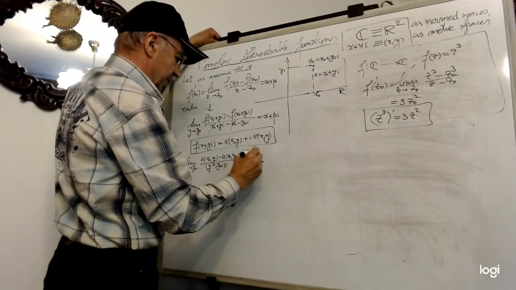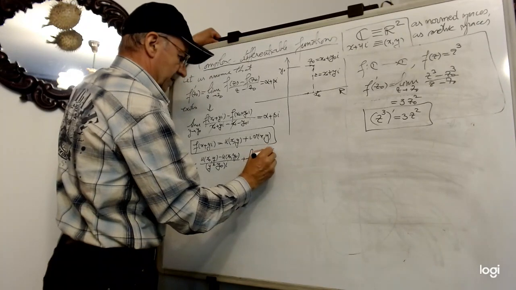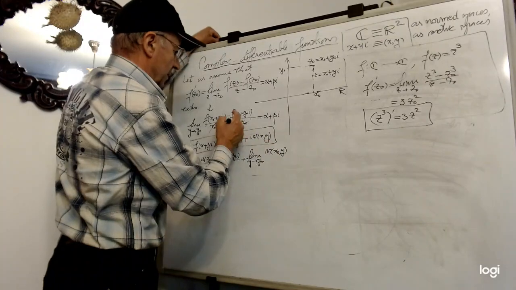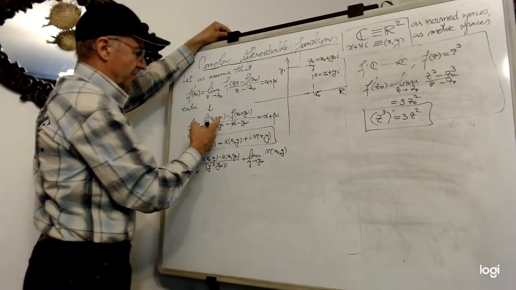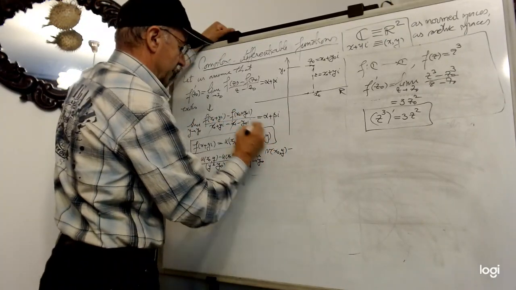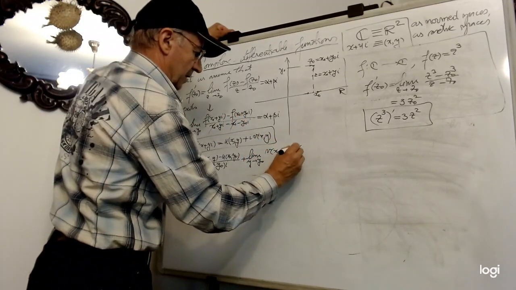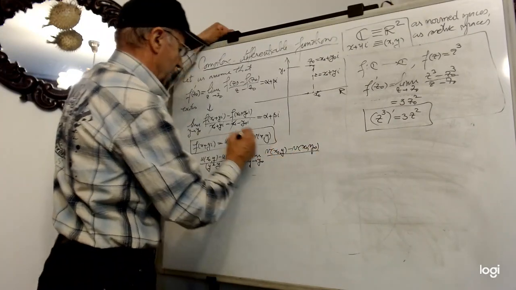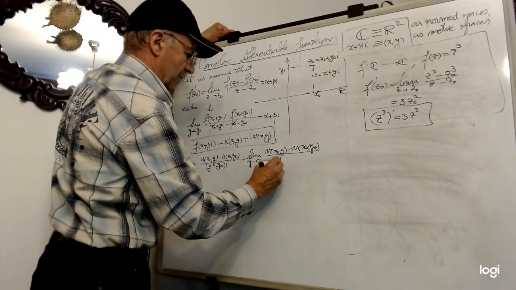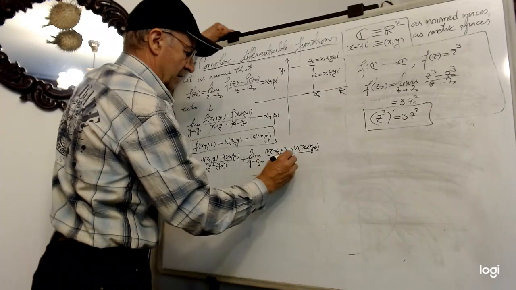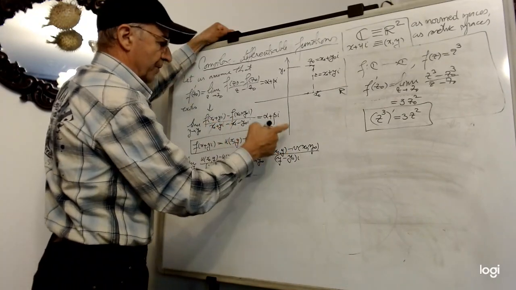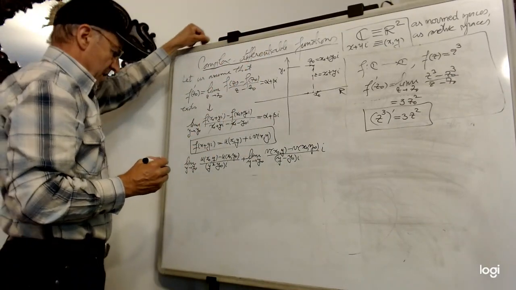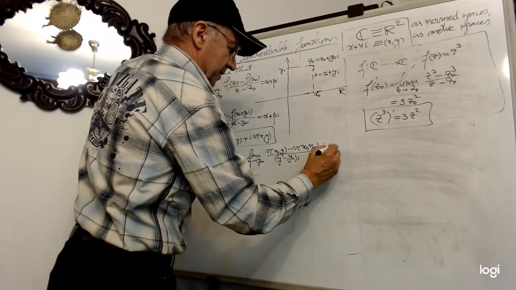The limit of v of x0, y minus v of x0, y0 over y minus y0 I, and for v we have also times I, and this is alpha.